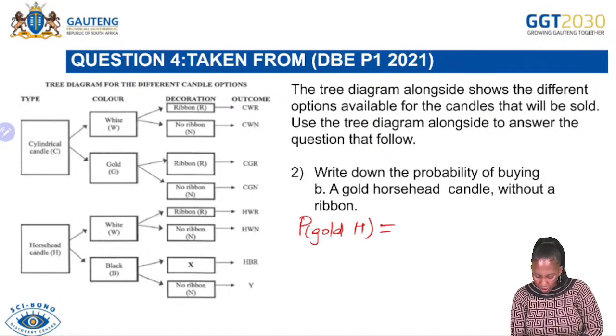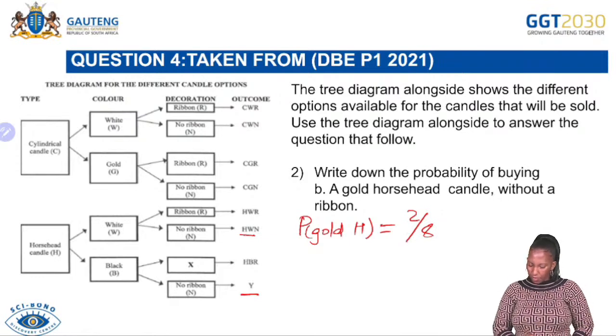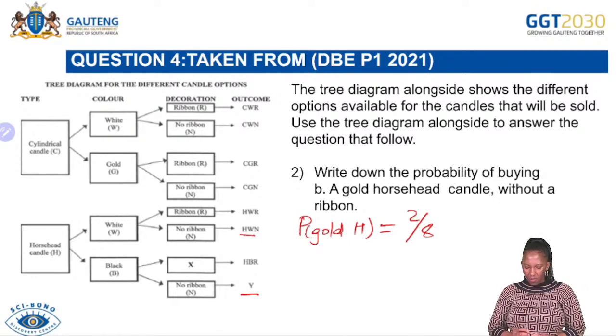Now you go straight to the horsehead candle, and they said without a ribbon. There are two. We have one, it's horsehead without a ribbon, even this one. So meaning there are two out of what? Out of the 8 chances. So the answer is 2/8.